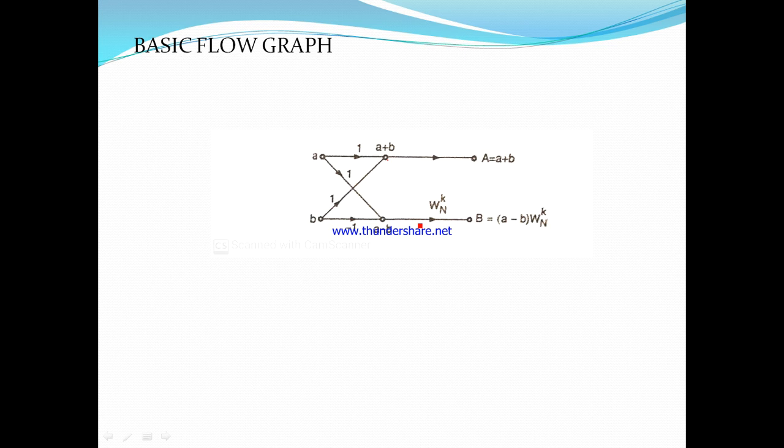After that, this subtraction is multiplied with the twiddle factor W power k of N. So we get capital B equals a minus b into W power k of N. This is the basic flow graph for the DIF FFT algorithm.